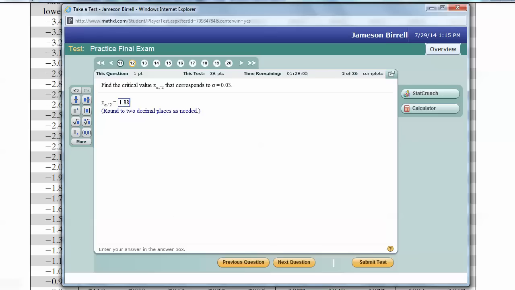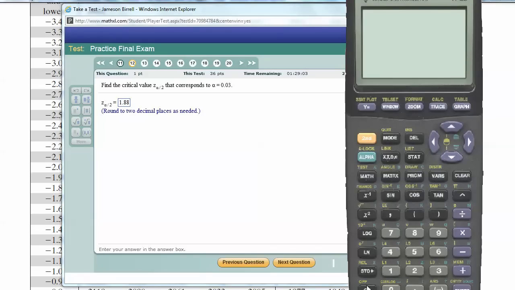If I was using a calculator, I could use, actually, sorry, the feature was already up, inverse norm. Use inverse norm, say how much area I have to the left. Oh, I'm sorry.